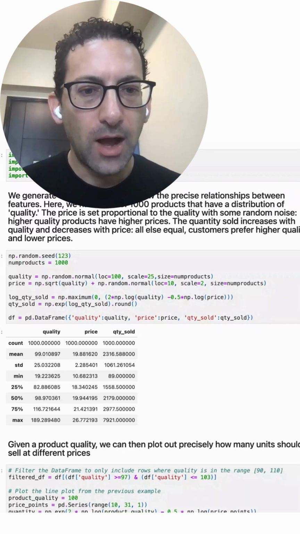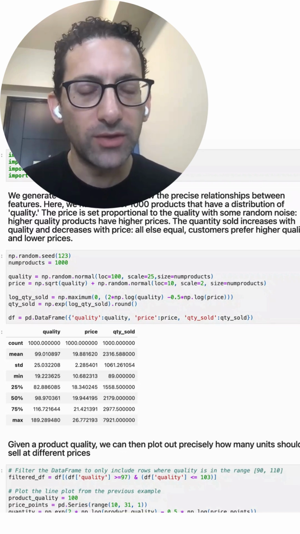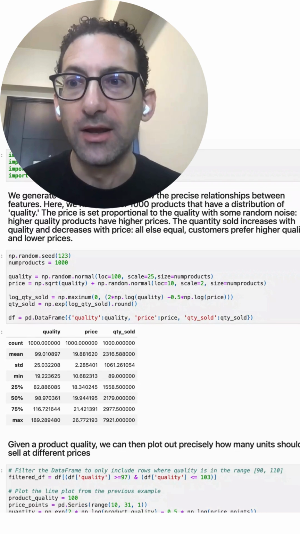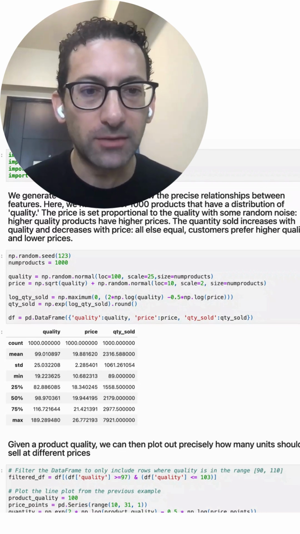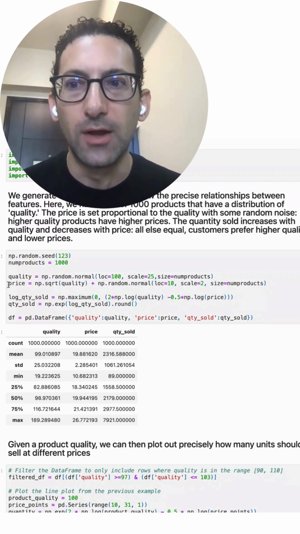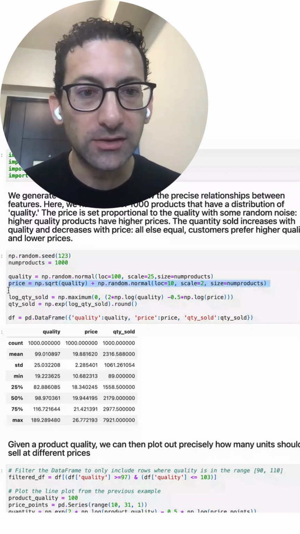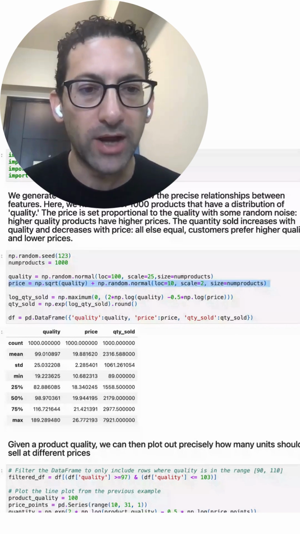I start by generating data. When we generate our own data, we know the exact relationship between variables because we're defining it. In this case, I have a set of products and I randomly assign them some sort of quality level. I then assign the price to be positively associated with the quality plus some random noise.